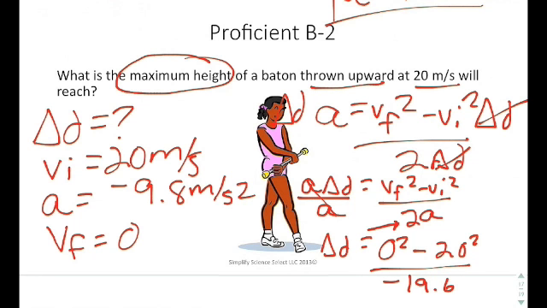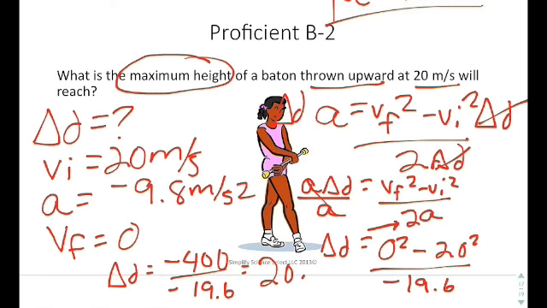So now you have 0 minus 20 squared, which is going to be a minus 400. I went ahead and wrote that out so you can see it as minus 400 divided by minus 19.6. You know it's going to be a positive answer. Those negative signs are going to cancel each other out. And when you do this, you end up getting a displacement or a distance of 20.4 meters.